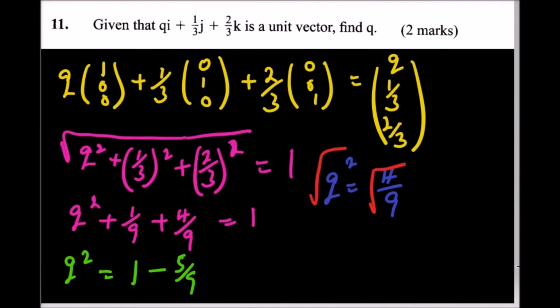So the square root of q squared gives q, which is equal to plus or minus the square root of 4, which is 2, divided by the square root of 9, which is 3. So that's how you work out that, and you get yourself 2 marks. For substituting, you get a mark, and for working out, you get 1 mark. So that's how you get yourself 2 marks.